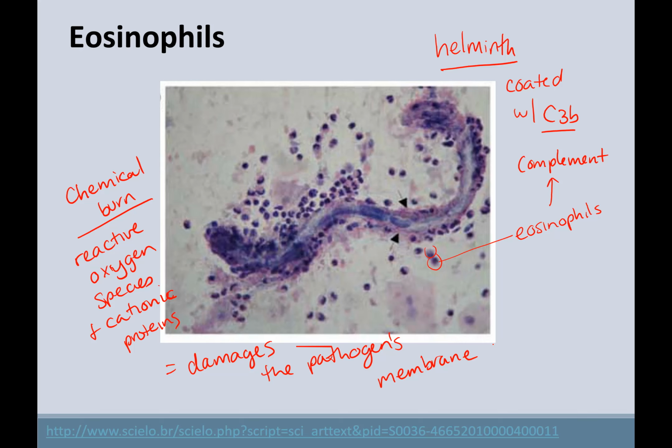Now, can you imagine this little guy, if he was the size of a macrophage, could not eat this big worm, right? So instead, something large is coated with complement. The eosinophils recognize the complement, they attach, they release all these proteins. The proteins damage the pathogen's membrane. Pathogen dies.